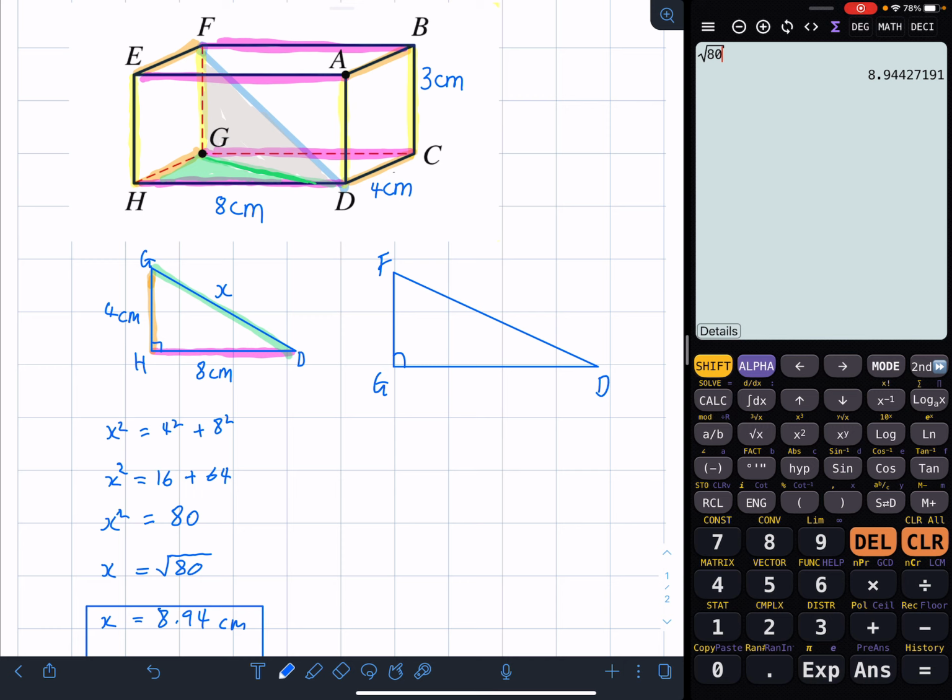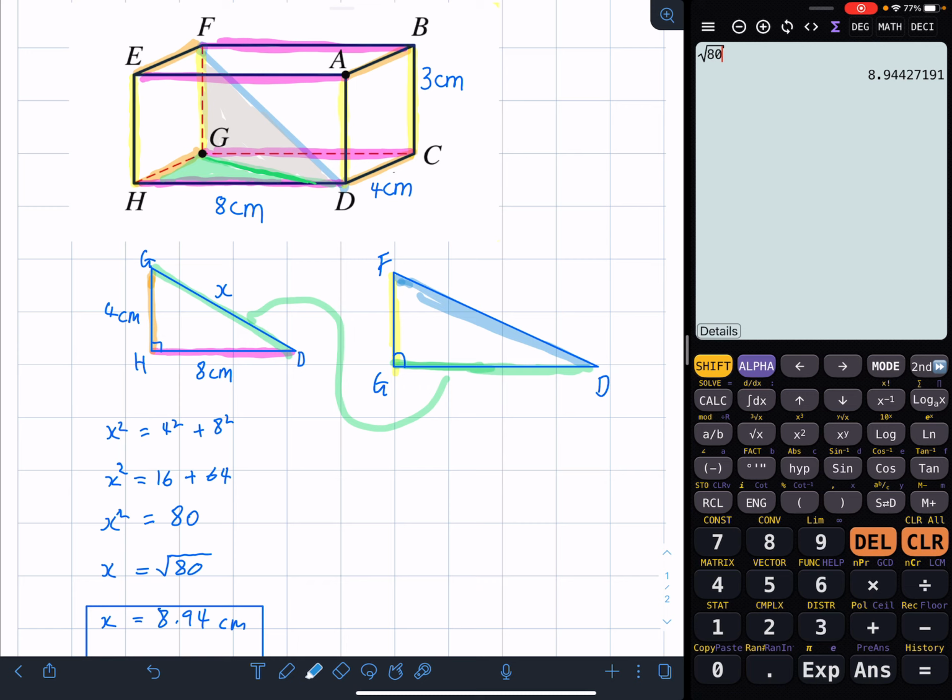FG is the yellow one, so let's do the colouring first. Green colour, and you can see that DG is the same length there. And we've got a little blue colour for DF.